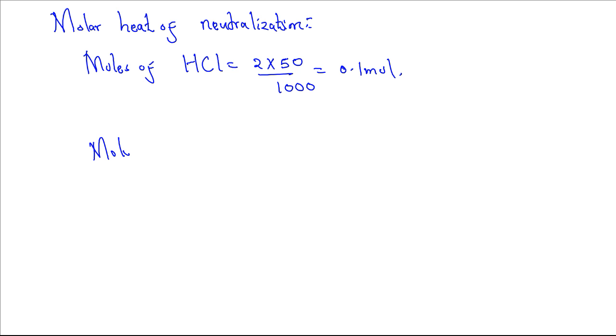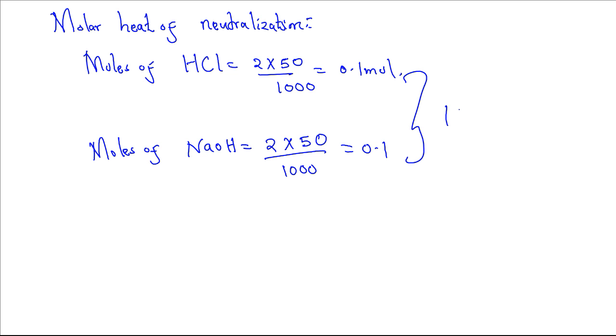Then moles of sodium hydroxide is equal to, again, 2 by 50 over 1000, giving us 0.1 mole. So the mole ratio is 1 to 1.